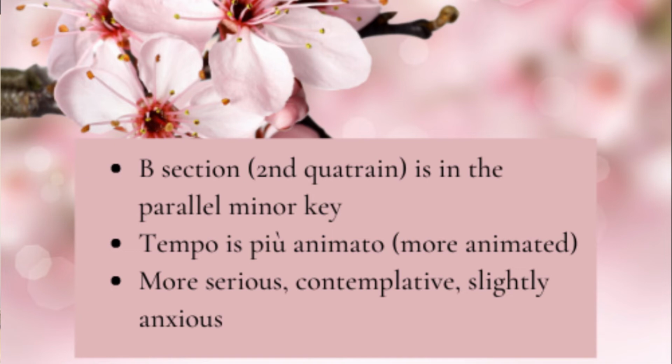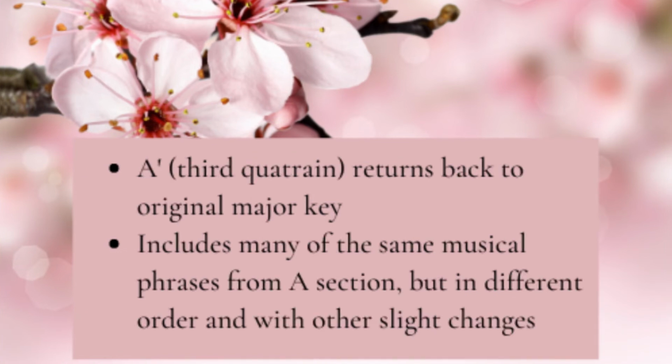The music feels more serious, contemplative, and slightly anxious. When we come to the A prime section, which is the third quatrain of the poem, the music returns to the original major key, and we hear many of the same musical phrases from the beginning of the song.